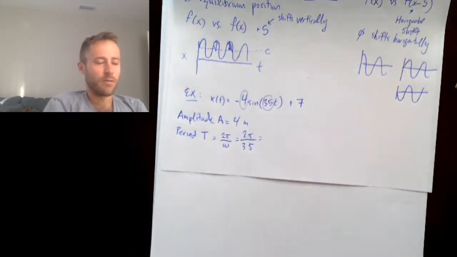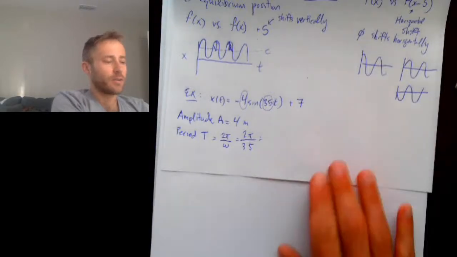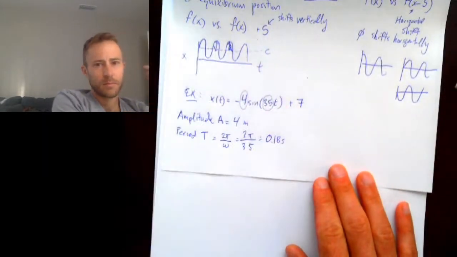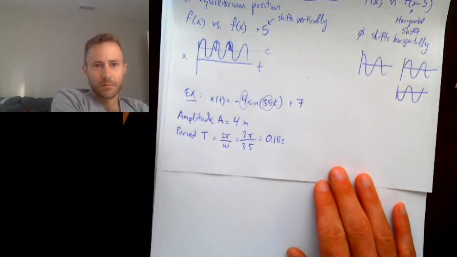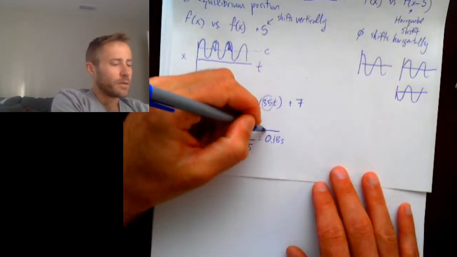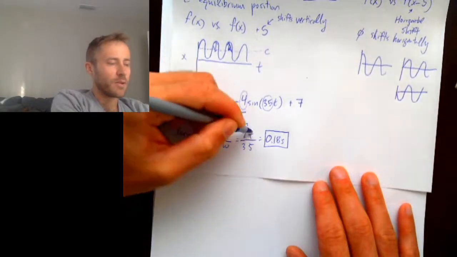And so the period of that is going to be 0.18 seconds. So the period is 0.18 seconds. The amplitude is 4 meters.